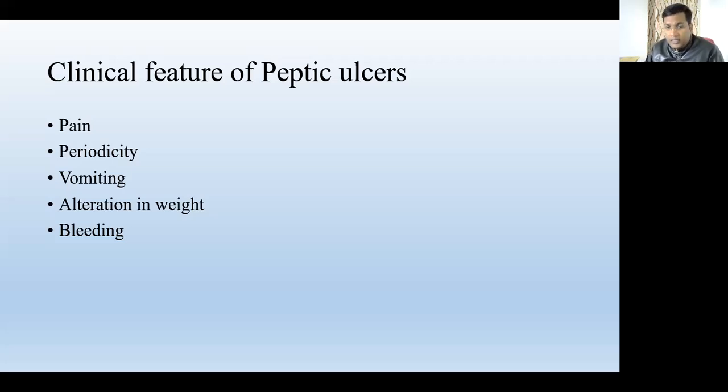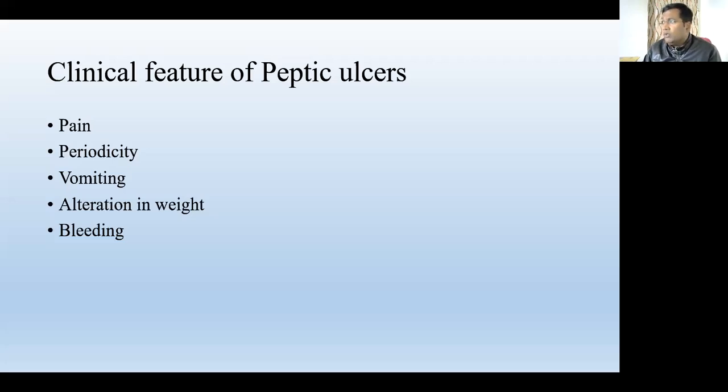Alteration in the weight is also important. Most of the patients with peptic ulcers have a long history of weight loss, because the patient is not able to assimilate whatever food he or she is taking, so proper digestion is not there.